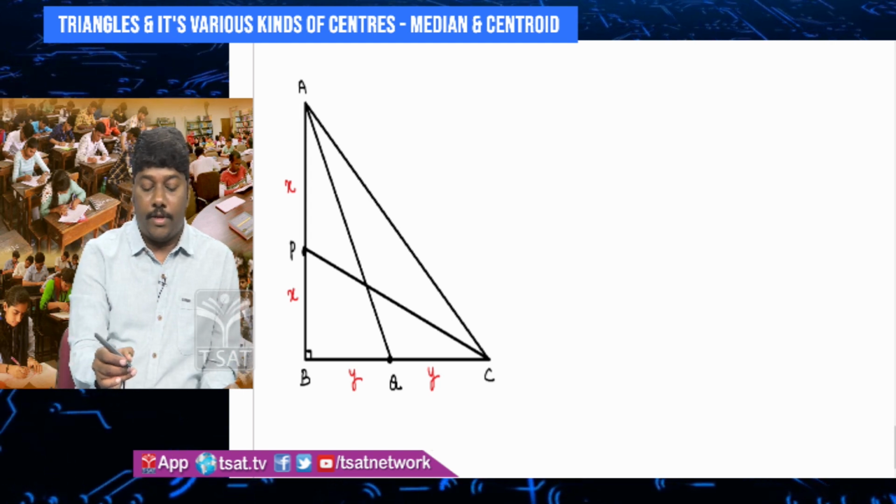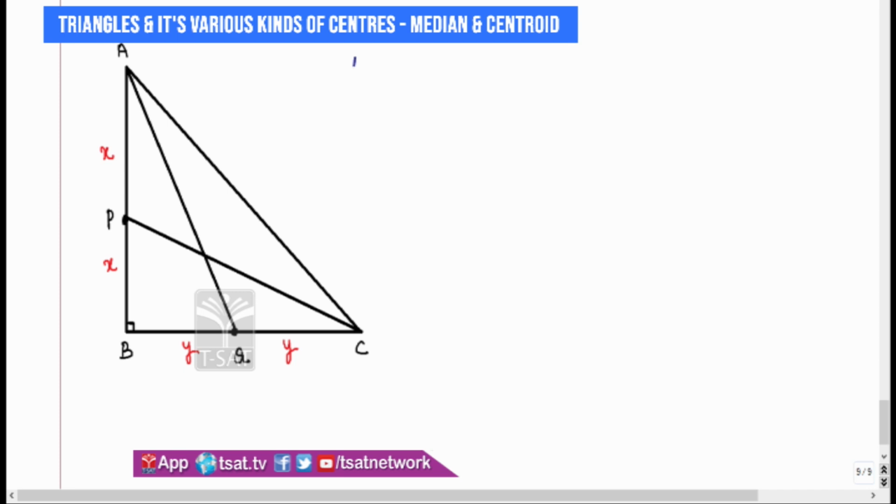First, AQ square is equal to 2x whole square, which is 4x square, plus y square. Median PC square is equal to x square plus 4y square.